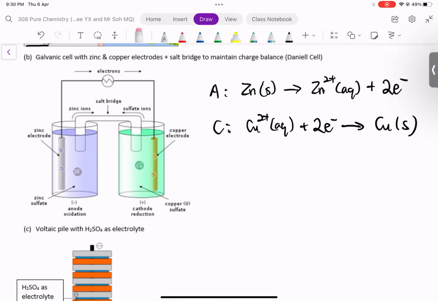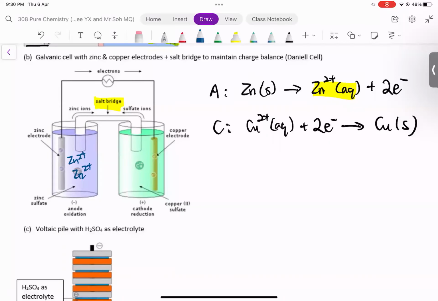The only difference now, of course, is there's something called a salt bridge. So instead of a membrane, we use a salt bridge. Now, why do you need a salt bridge? You might be wondering, what's going on, right? If you think about it, the zinc forms Zn2+, right? This means that on the left-hand side, you have Zn2+ being formed. Now imagine you got so many Zn2+. Zn2+ is all positive.